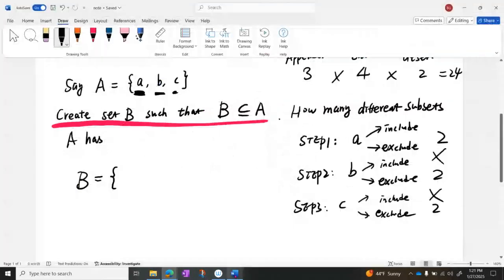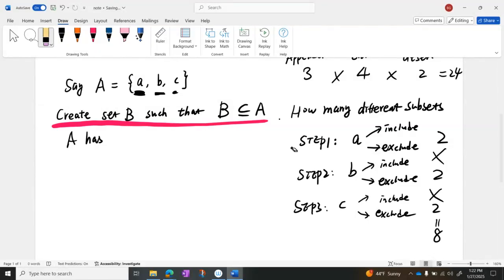We have 2 times 2 times 2, 8 different ways to create the subset B for set A. I can give you the 8 subsets, okay? We have 8 different ways to create a subset B for A, which means A has 8 different subsets.